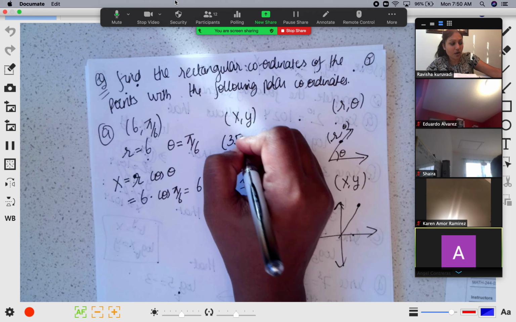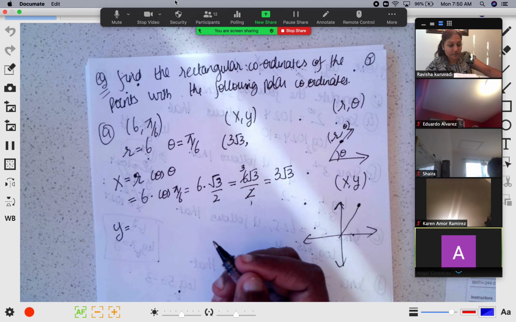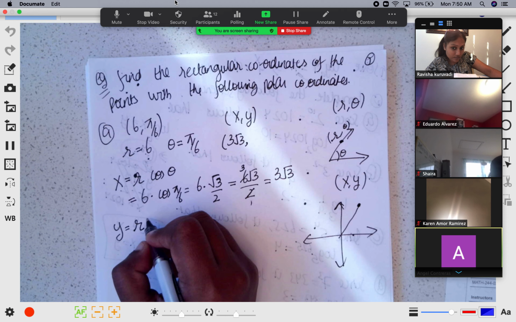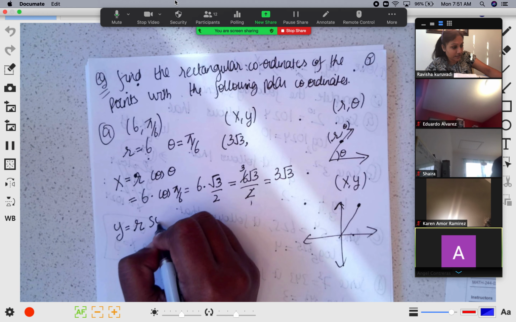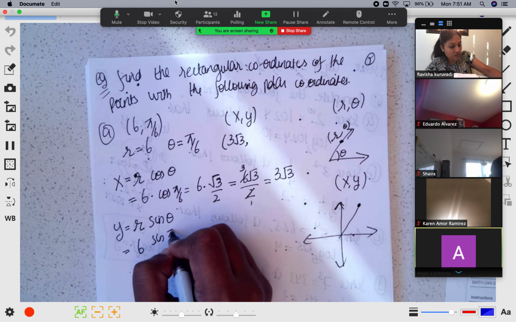How do I find my y? Y equals r sine theta, so you get 6 sine pi over 6. What's sine pi over 6?